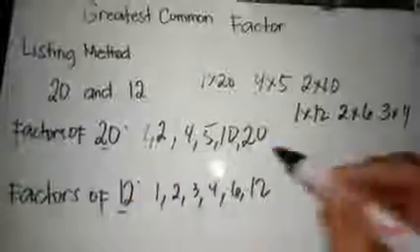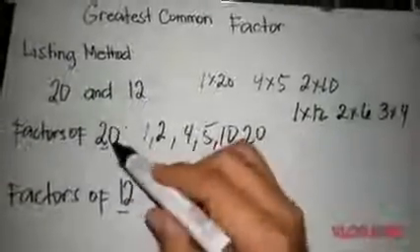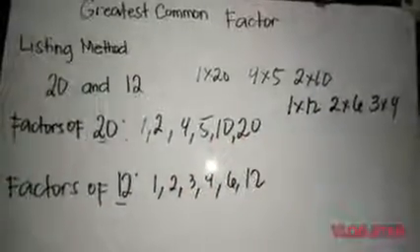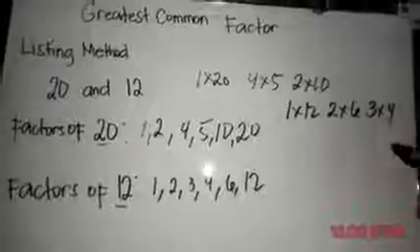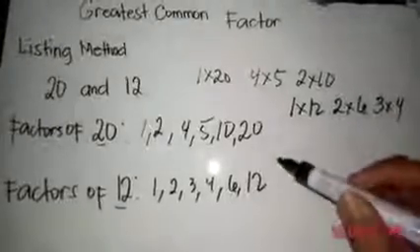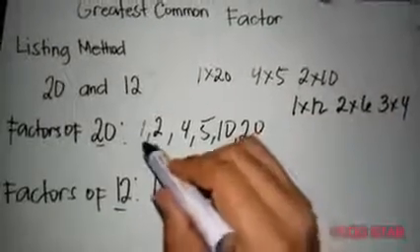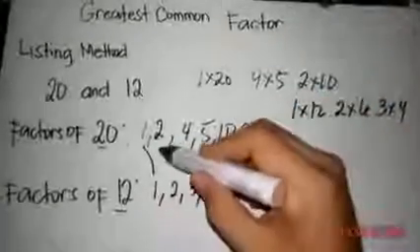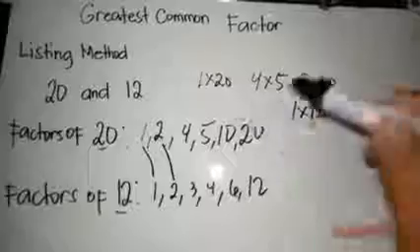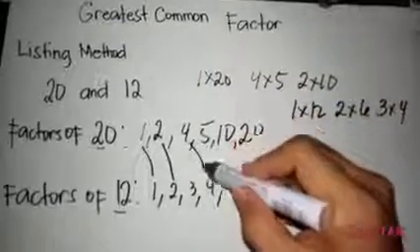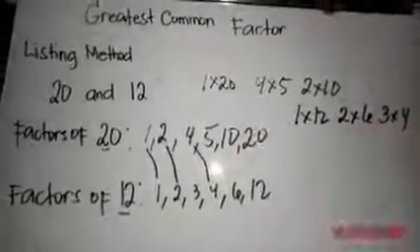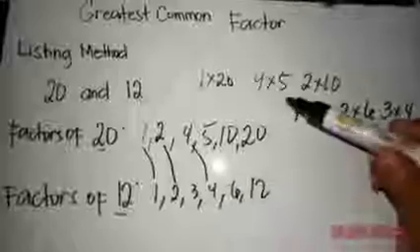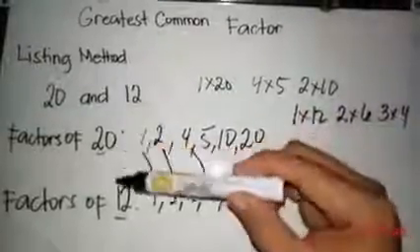After we write all the factors of 20 and 12, this is the time that we need to identify the common factors. These are the common factors of the two: 1, 2, and 4. When we say common factor, the factor is visible in both numbers.